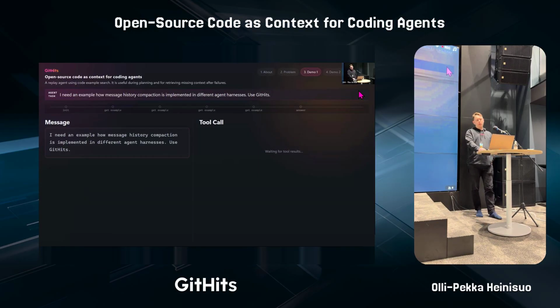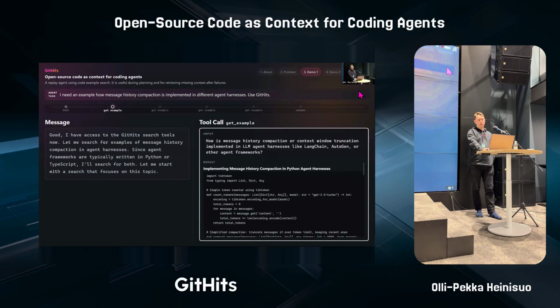This example tool that we have built goes through all of open source and searches for the problem that the agent has. Then it takes all the context, ranks it, and distills one single example that provides the information the agent is looking for.